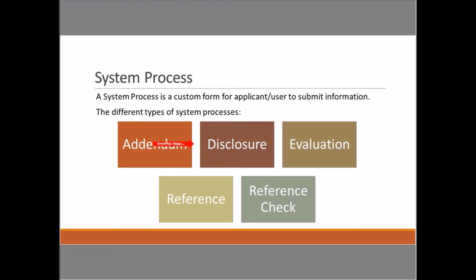In volunteer and the jobs, we use the disclosure, and that's the form that applicants fill out that lets us know if they've had any past crimes or anything they need to disclose during the application process.